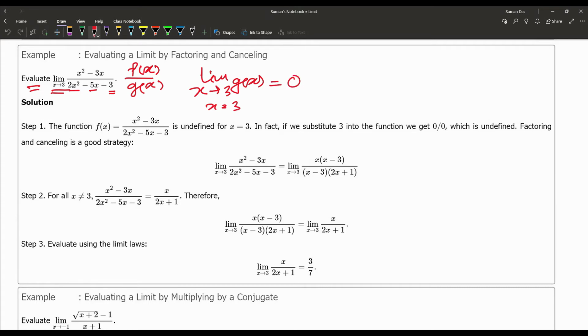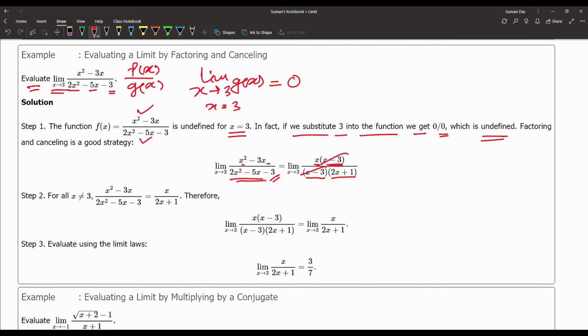In fact, when we substitute 3 into the function, we get 0 by 0, for the numerator and also for the denominator, and that is undefined. So we must try to factorize both f(x) and g(x). Now x square minus 3x can be written as x into (x minus 3), and the denominator 2x square minus 5x minus 3 can be written as (x minus 3) into (2x plus 1).